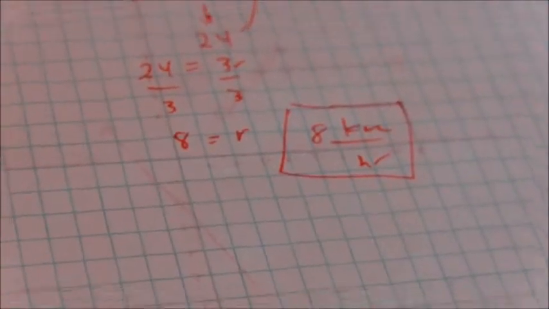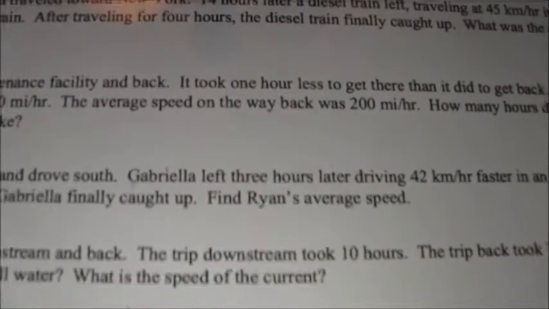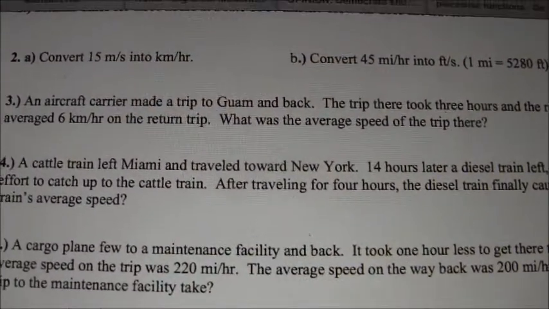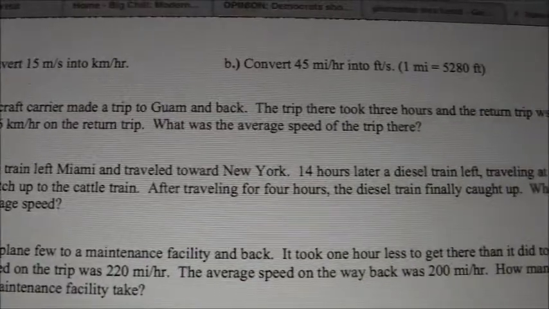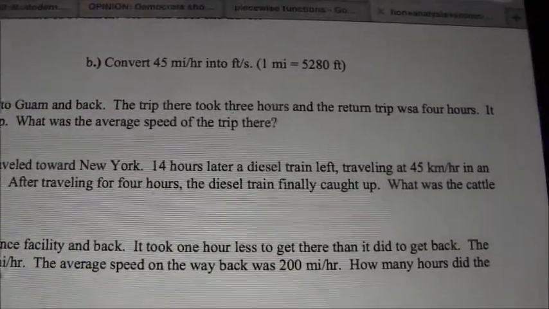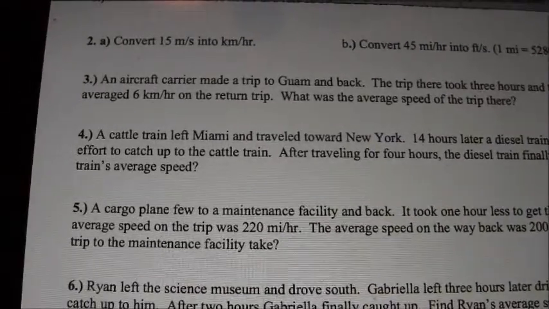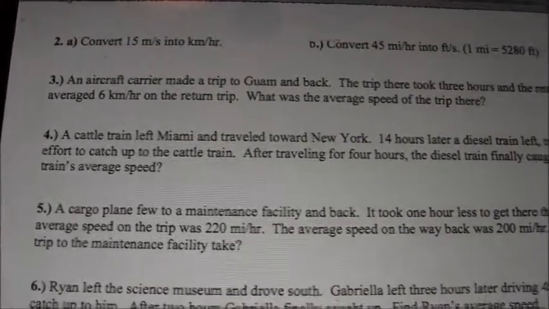Now, if I want to try another example, good second example. Let's see if I can zoom out here and get it back on here. Question number 4. It says a cattle train left Miami and traveled toward New York. 14 hours later, a diesel train left, traveling at 45 kilometers per hour in an effort to catch up to the cattle train.